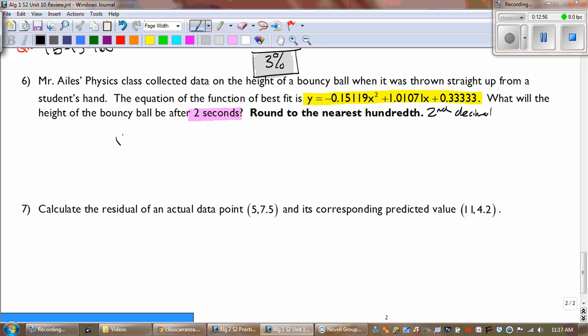So we have to take this beautiful long equation and we're going to plug in 2 for the x. Okay, so wherever there's an x, that's where we're going to put a 2. So go ahead and plug that into your calculators and tell me what you get.